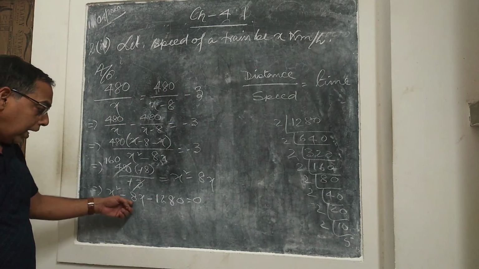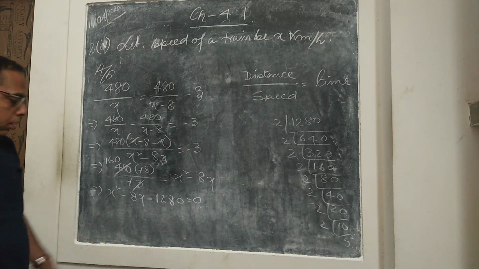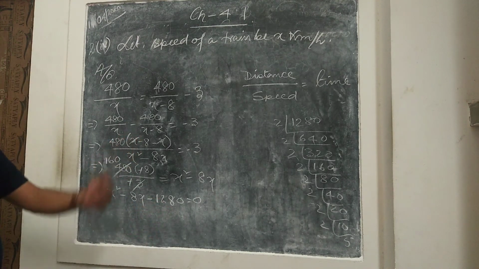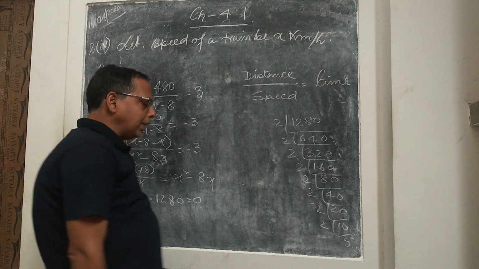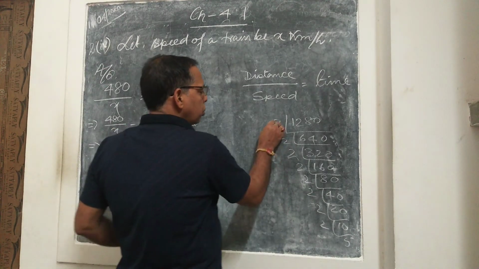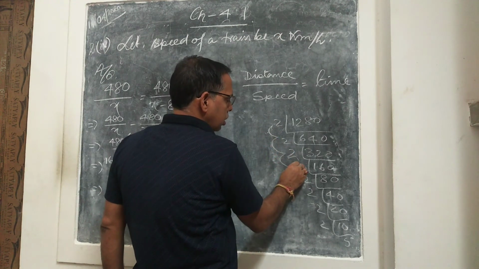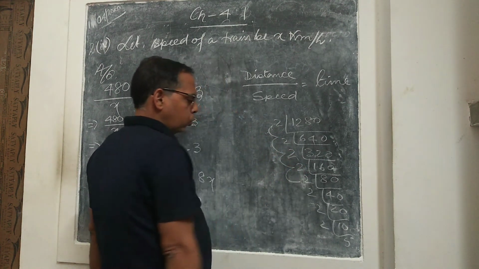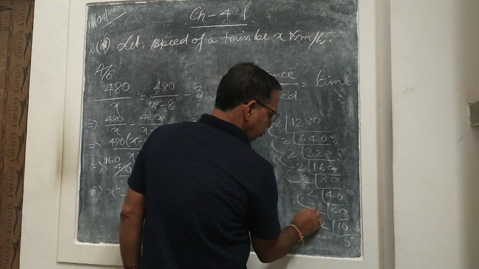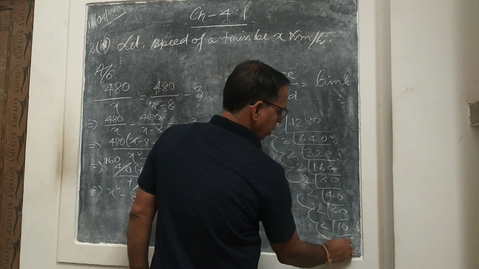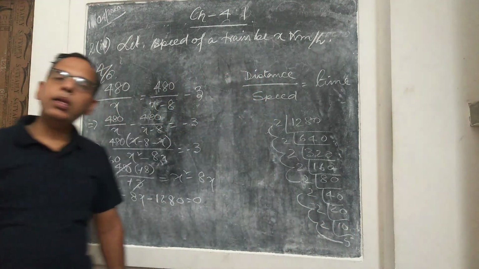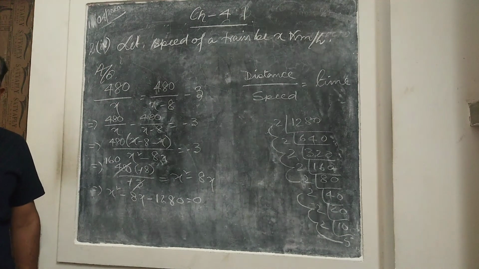Now you have to get a difference of 8 and the product is this much. So adjust yourself: 2 to 4, 4 to 8, 8 to 16, 16 to 32. Then 2 to 4, 4 to 8, 8 to 5 is 40. 40 minus 32 equals 8.